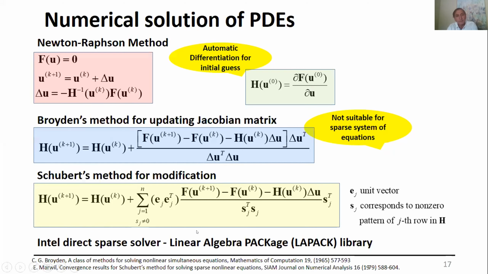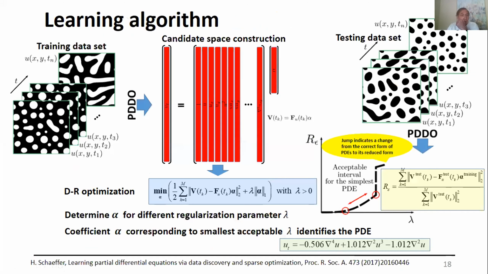It's very straightforward. So the learning algorithm has two sets of data: we have the training data set, and of course we have the testing data set. And we want to construct the candidate space that I mentioned before. So we use the peridynamic differential operator to construct the feature matrix, as shown here, and the functional that I showed you before.